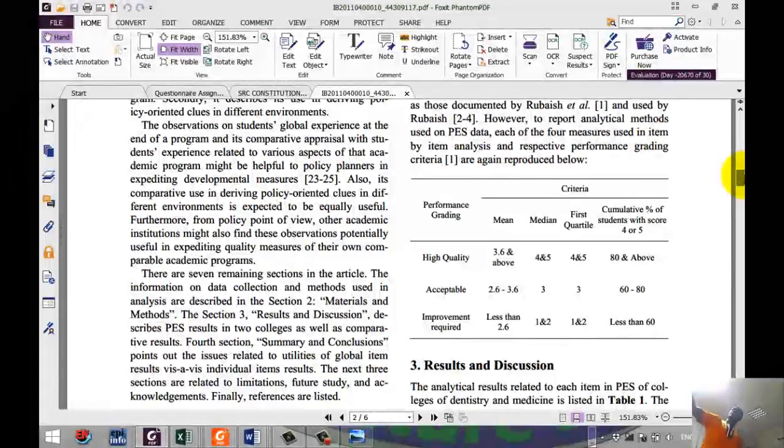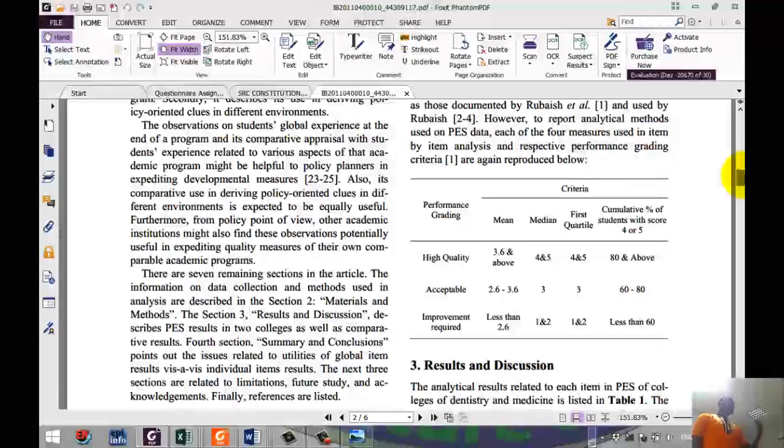Yesterday we did the mean method with the median and the quartiles. What we're going to do now is the cumulative percentage, then see the difference between the two, and see why the mean method could be misleading.